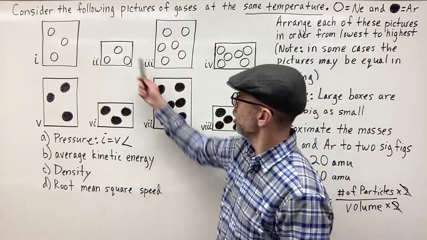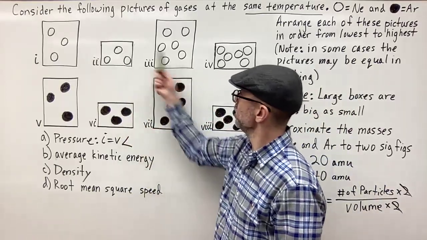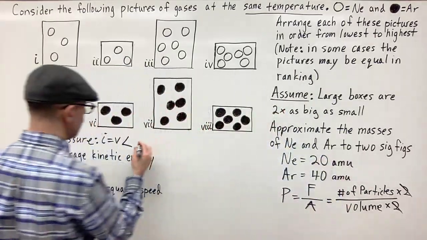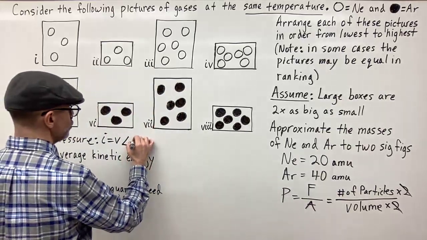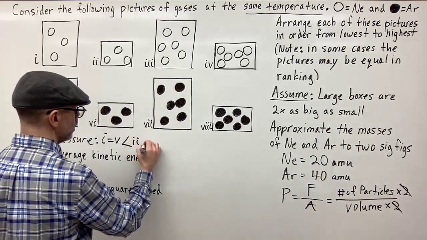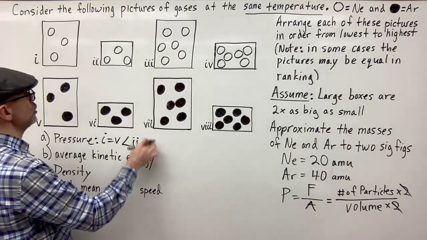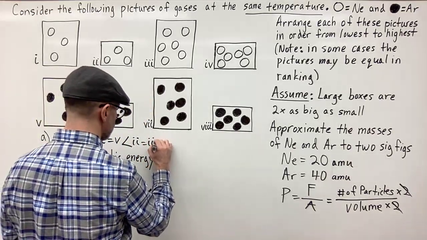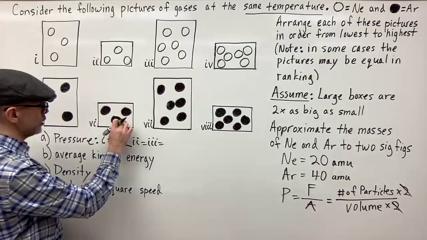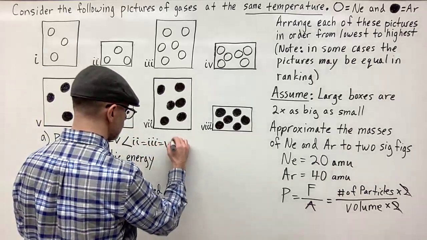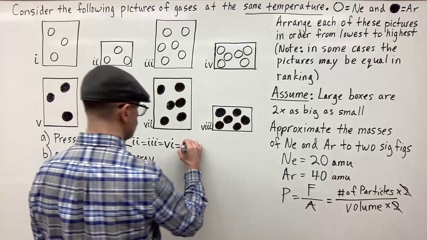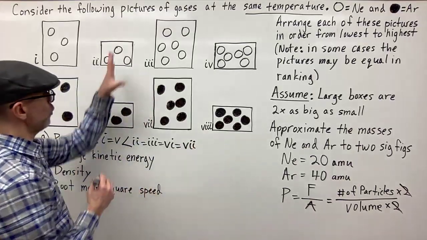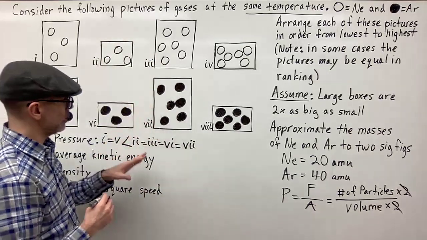So in this case, all 4 of these boxes here have the same pressure. So the pressure in 2 is equal to the pressure in 3, which is equal to the pressure in 6, and which is equal to the pressure in 7. Okay, so those 4 boxes are equal to each other.